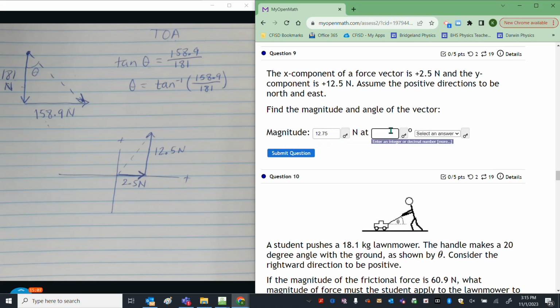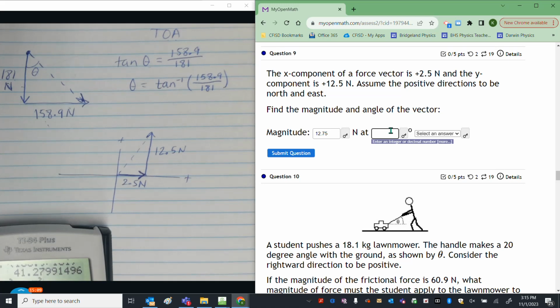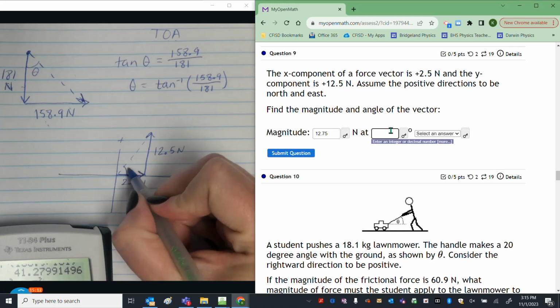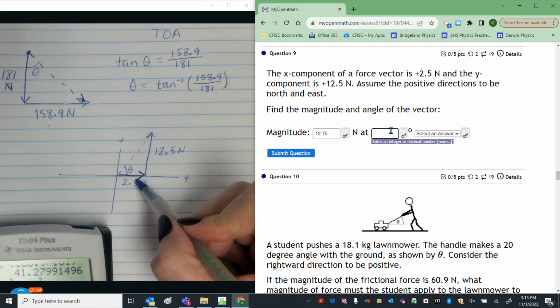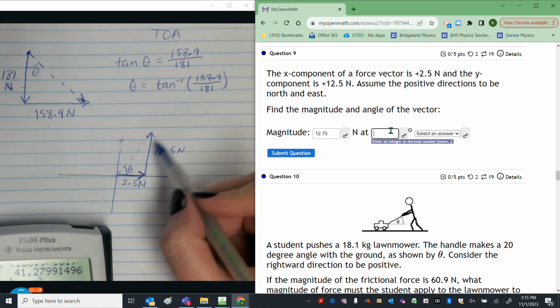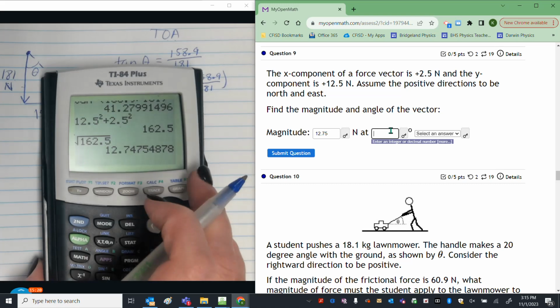Okay, now we have to find the angle. And again, we're going to measure the angle here from the first vector that I drew. I'm going to use tangent again because I have my adjacent side and my opposite side. I can use this, but remember it has all these decimals.